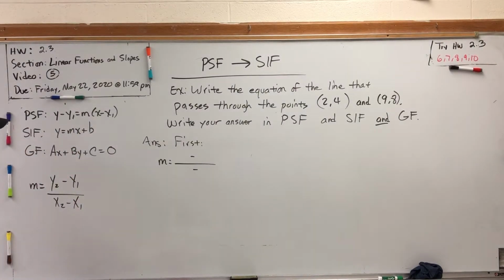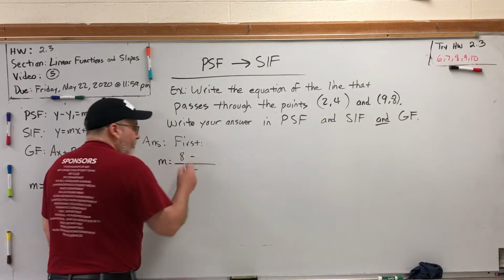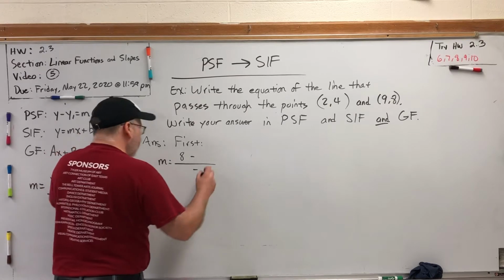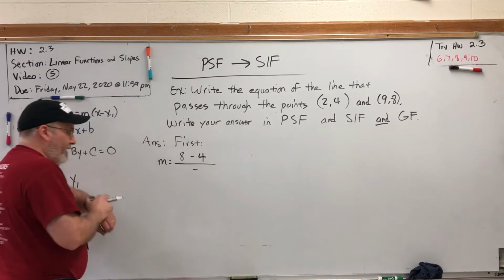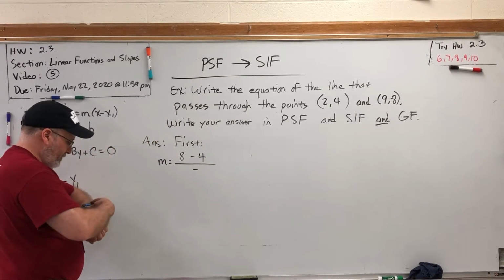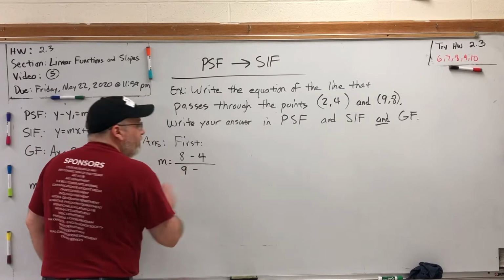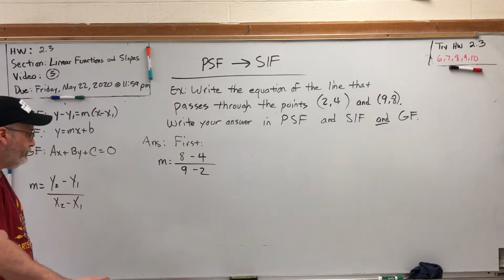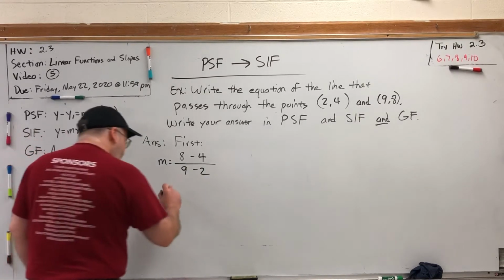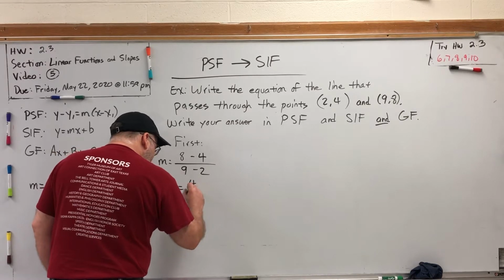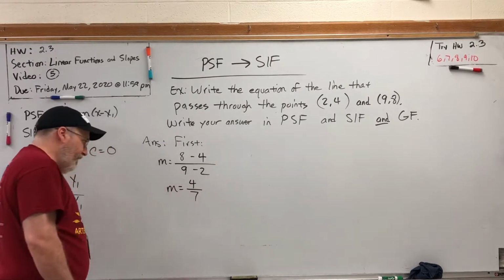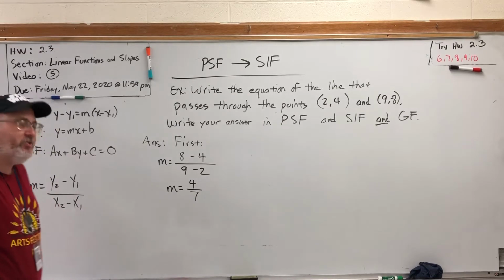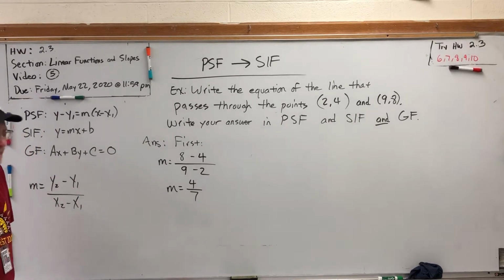So to find the slope, it's the second y, which is 8, minus the first y, which is 4, divided by the second x, which is 9, minus the first x, which is 2. 8 minus 4 is 4. 9 minus 2 is 7. I do remember the slope being 4/7 in the first example, so I think those are the same points. Now we have our slope.